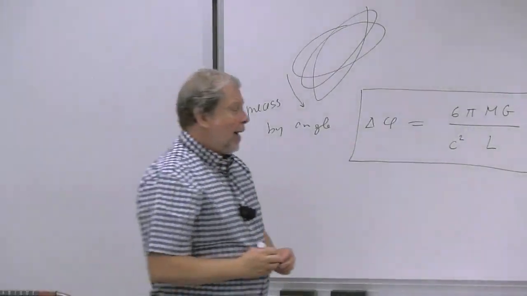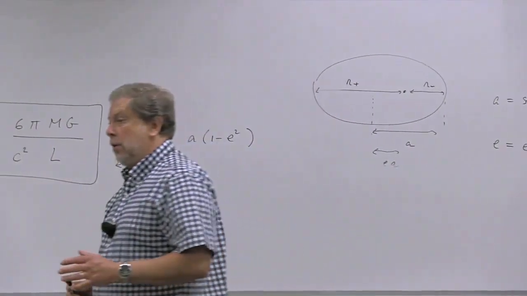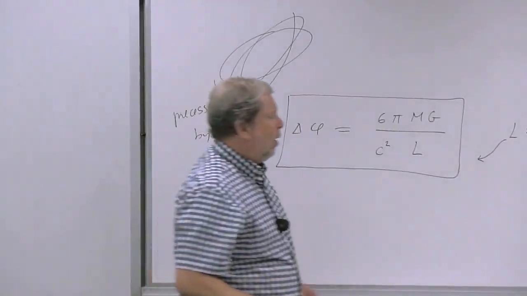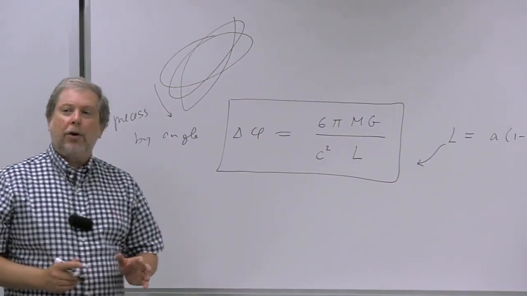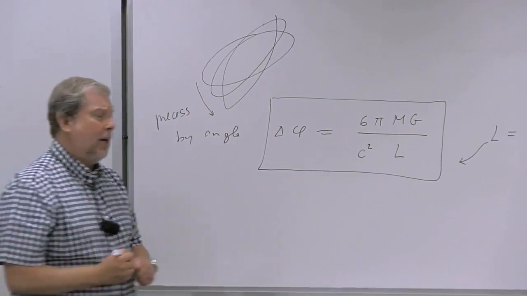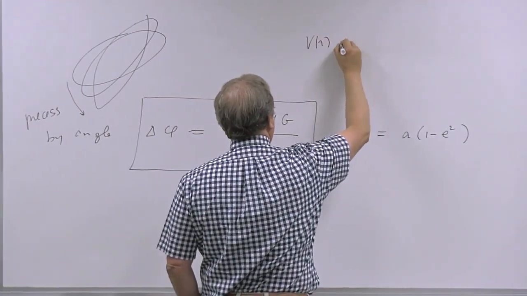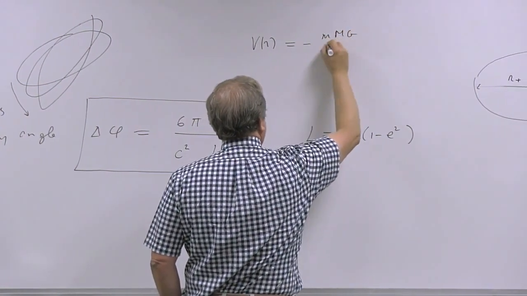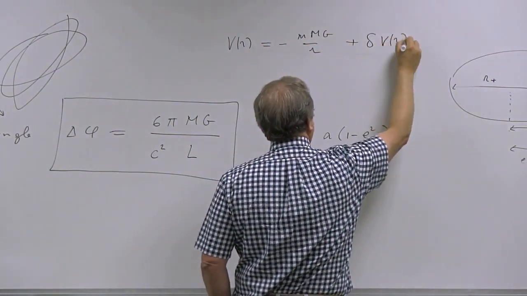Now, it turns out that actually we don't even need to do this calculation, because when you do classical mechanics, you go at some point to the exercise of asking how the Keplerian orbits get modified when you have a potential V of r equal to, say, minus mg divided by r plus some delta V of r.